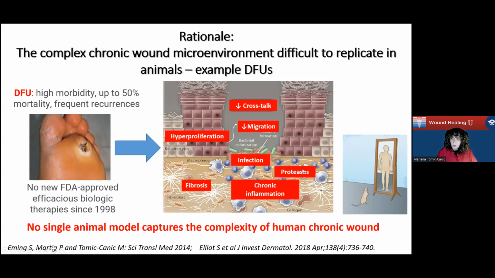There is a lot of protease, high protease environment, whether they're coming from eukaryotic or prokaryotics, fibrosis, hyperproliferative elements of the fibroblast and a dysregulated deposition of extracellular matrix, chronic inflammatory response, again, completely different than what we normally see in acute wounds.